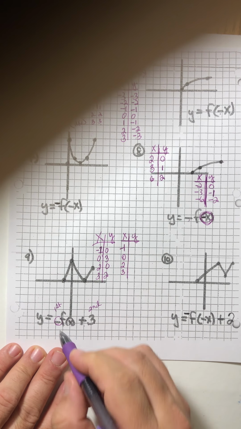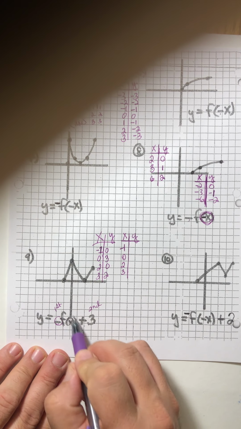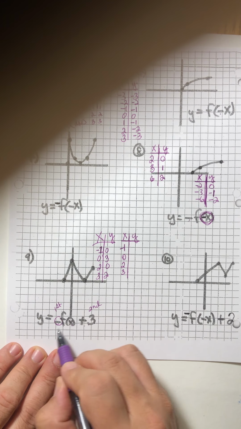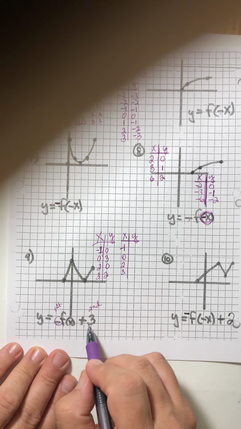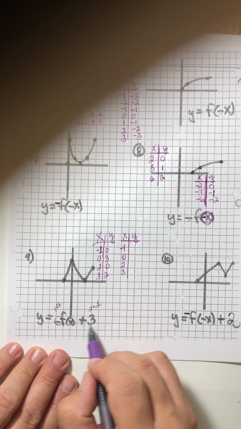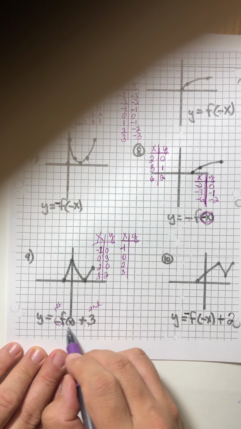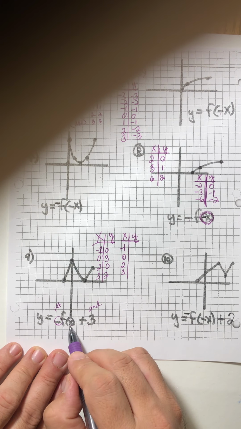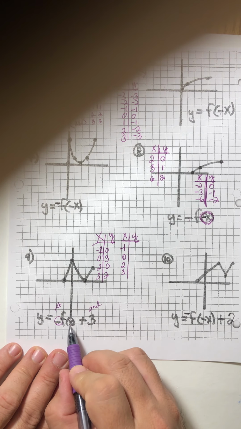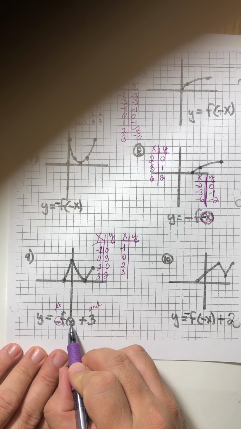All right, now, we have to negate the y first. So we have to take care of this first. We're outside the parentheses, so it's classic follow order of operations. We do any multiplication and division before we do any adding and subtracting. If we're inside the parentheses, then it's opposite world.